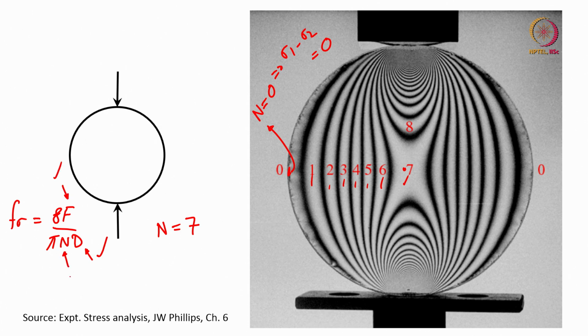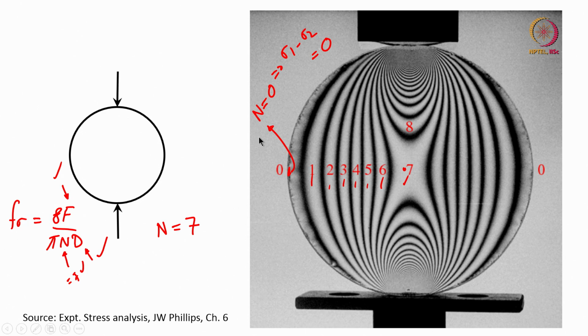You know now n, which is equal to 7, and you obviously know what 8 by pi is. So, you can calculate the material constant. Now you have calibrated your sample, you have calibrated the material, you know what the material constant is.